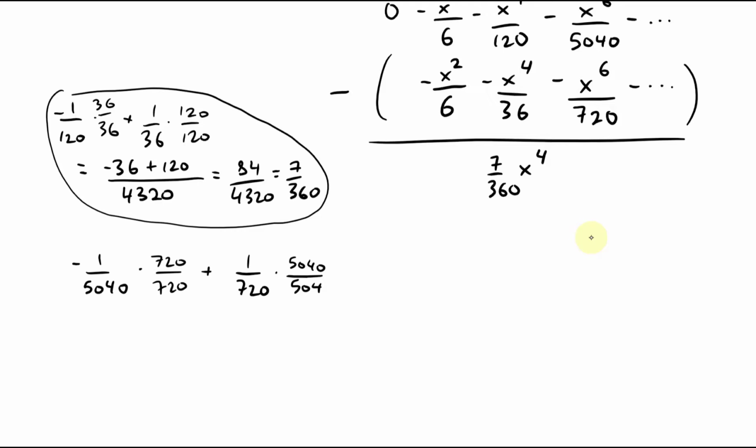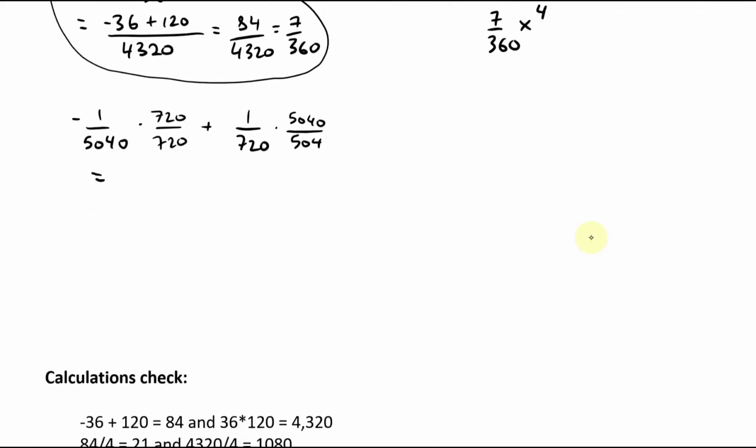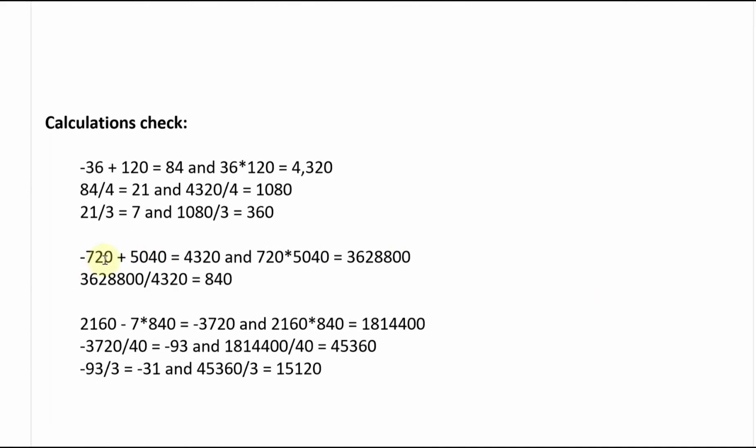So let's put this all together. This is the second calculation. Negative 720 plus 5040 equals 4320, and 720 times 5040 equals 3,628,800.